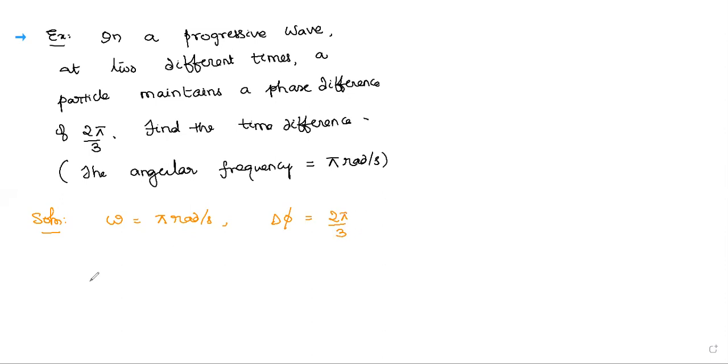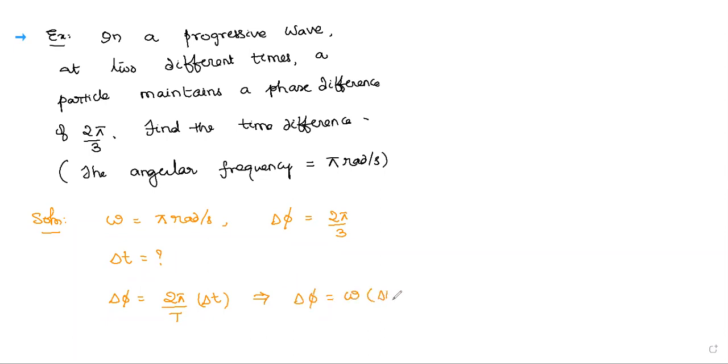Then find the time difference. Is it 2 by 3 or 1 by 3? Okay, we'll check it. Actually, we have delta phi is equal to 2 pi by T into delta t. This is our formula. 2 pi by T is nothing but omega.